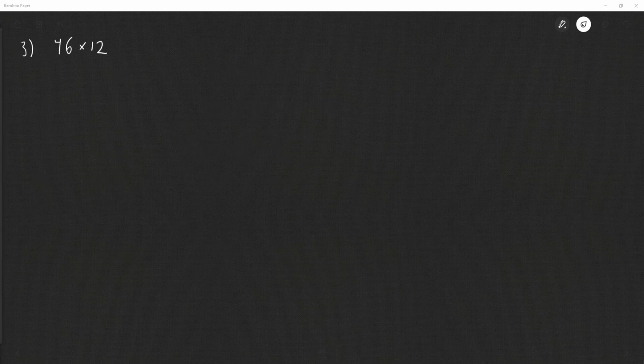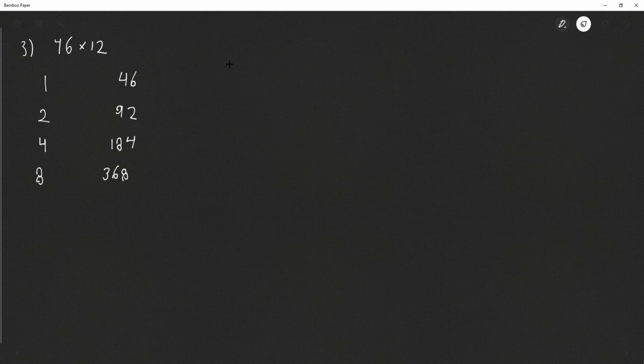So now we have our last multiplication question, which is 46 times 12. So again, we're going to go back to just doubling our larger number. So we get 1, 2, 4, and 8. Now we're just going to double our 46. So this is 46, 92, 184, and then 368.